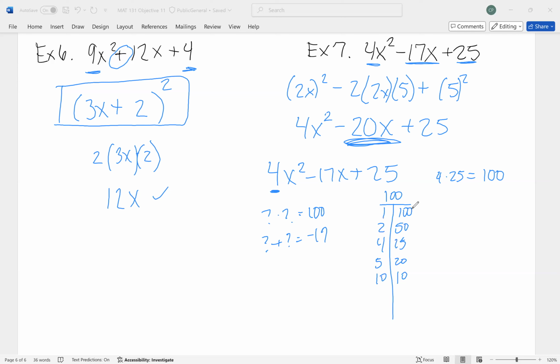So let's see. To be negative 17, we could also have the variations of this to equal 100, where both of them are negative, right?